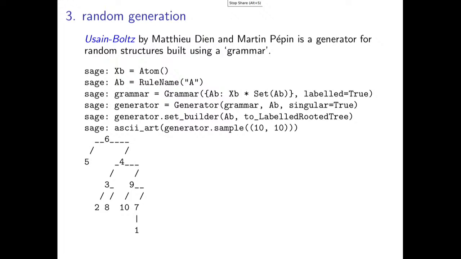And there's a package that uses Boltzmann sampling, which is then, of course, called Usain Boltz, by Mathieu Dean and Martin Pepin. Their package, which is not in Sage, it's separate, they take a grammar and produce a Boltzmann sampler for it.